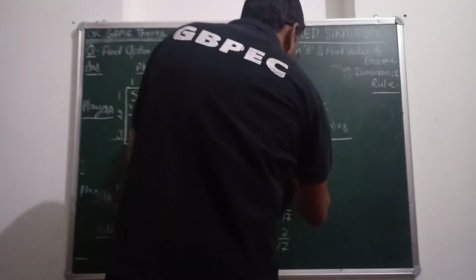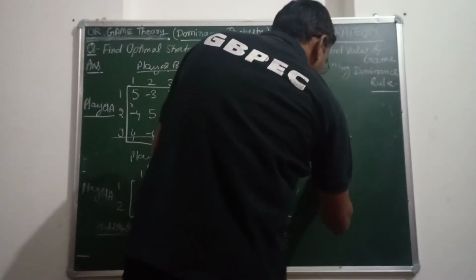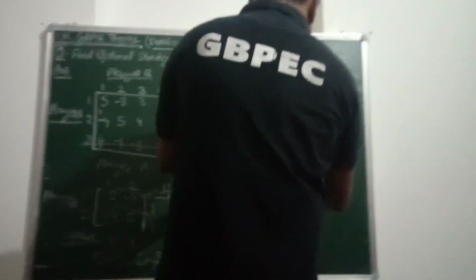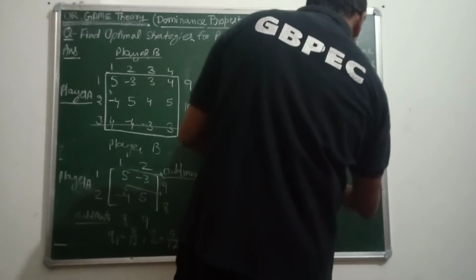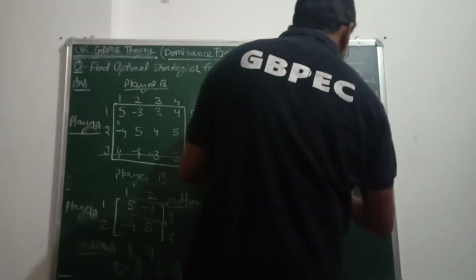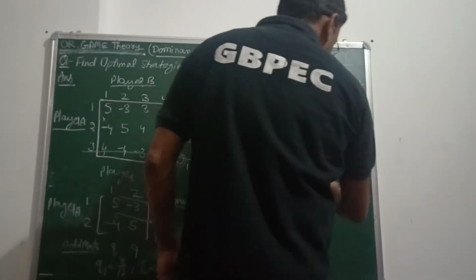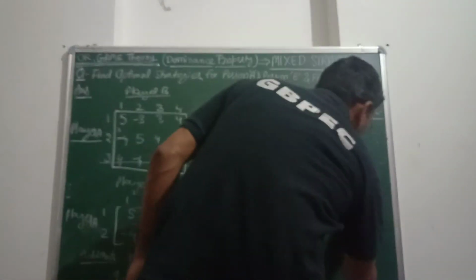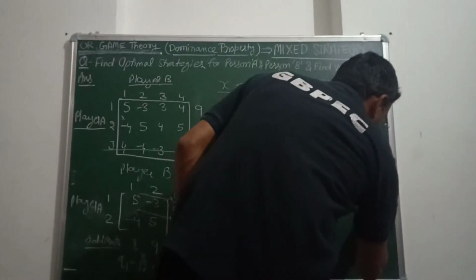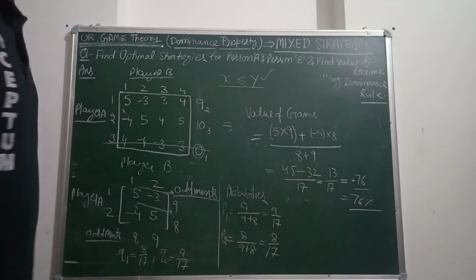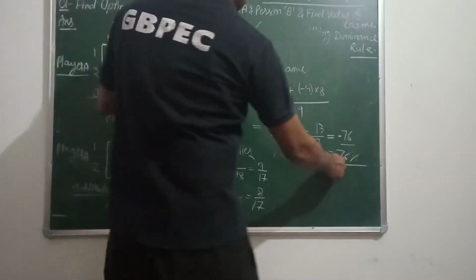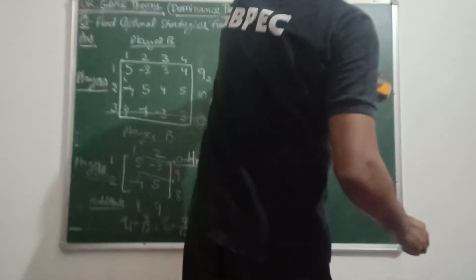This is 45 minus 32 upon 17, and this comes out to be 13 by 17, and this is equal to 0.76. Okay, so the value of the game is about 76%.